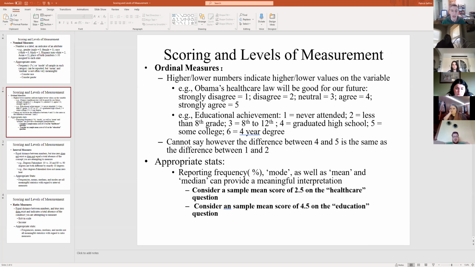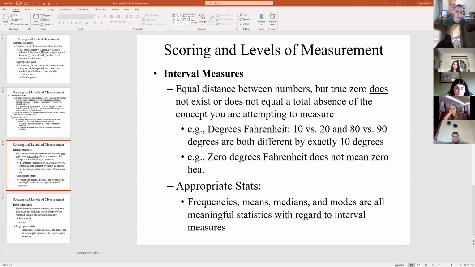Okay. So the next level up is what's called interval measures. With an interval measure, there is equal distance between the numbers, but a true zero does not exist, or it does not equal a total absence of whatever you're trying to measure.